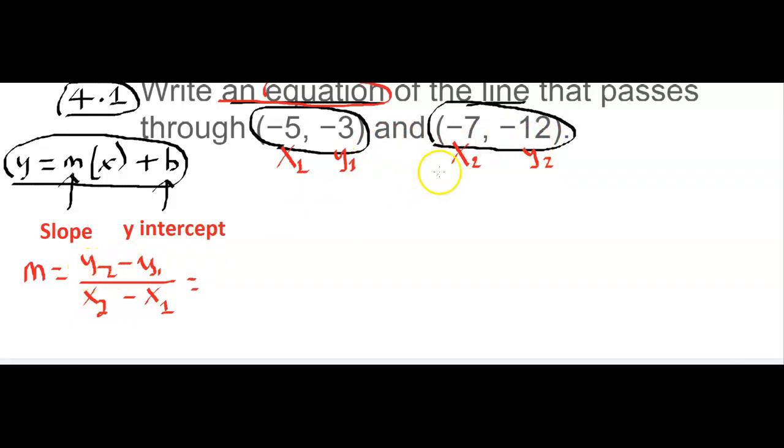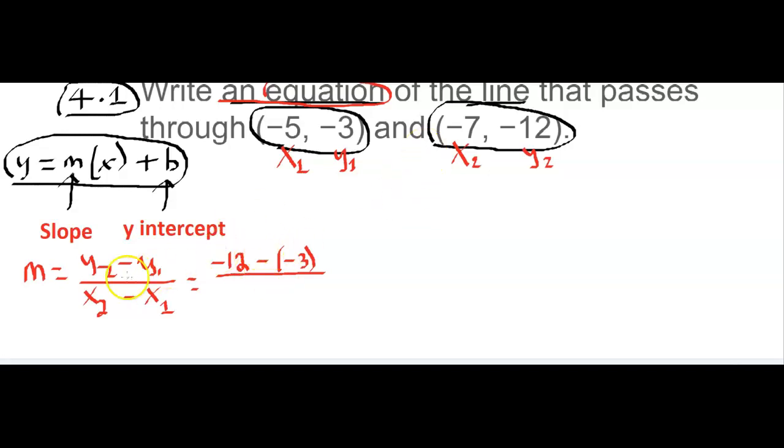So we have y sub 2, and that would be -12, minus y sub 1, which is -3. So it's -12 minus -3. A common mistake that I see a lot of you guys tend to make is that when you see that y1 is a negative, you forget about this negative right here, this subtraction sign.